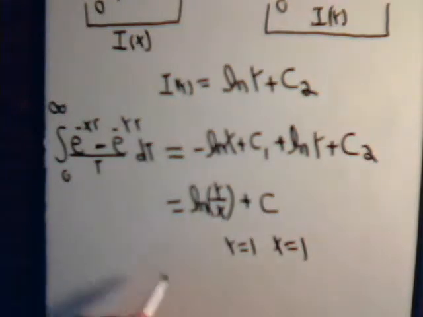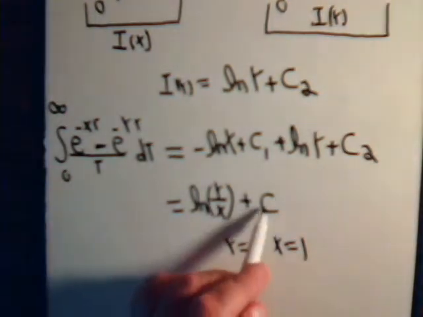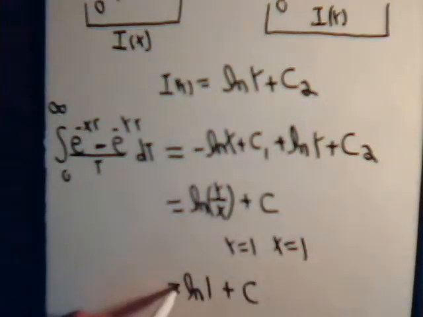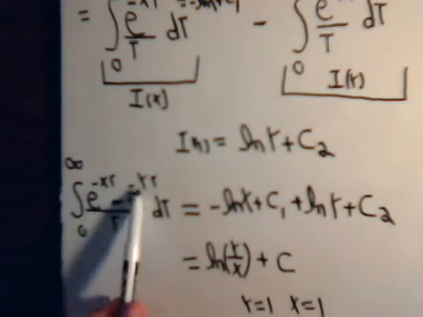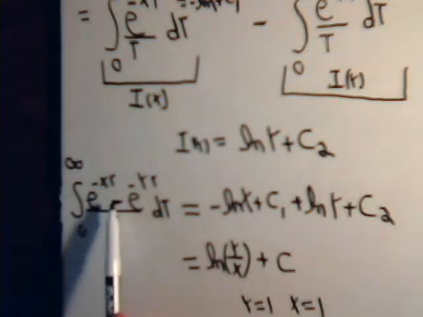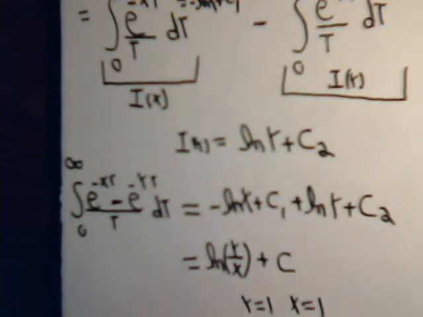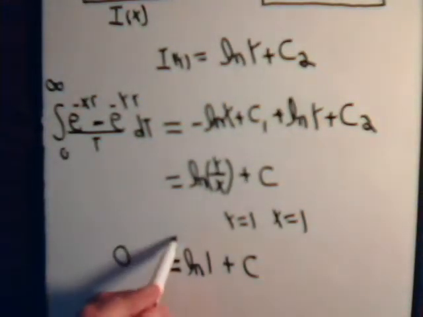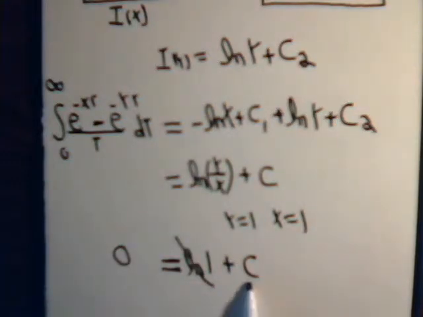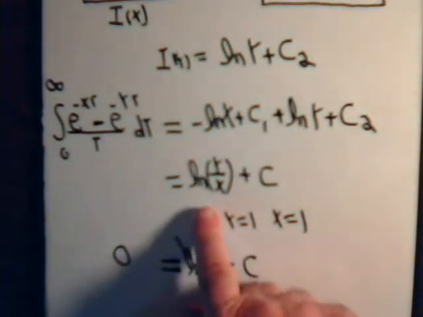So we'll have the natural log of 1 plus the arbitrary constant of integration will equal, this would just be 0. You have e to the minus t minus e to the minus t. So this equals 0. The natural log of 1 is 0. So our arbitrary constant of integration is 0. So then what we have is it just equals the natural log of y over x.